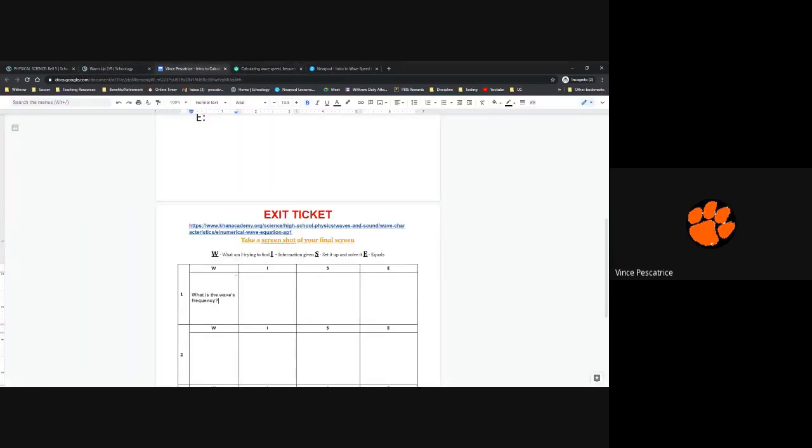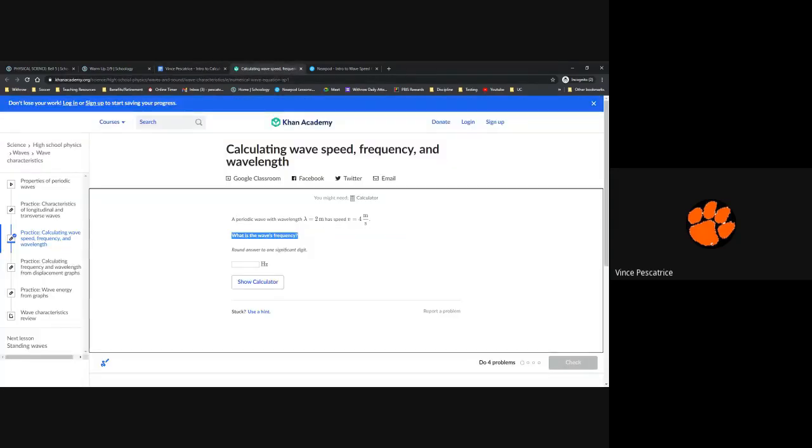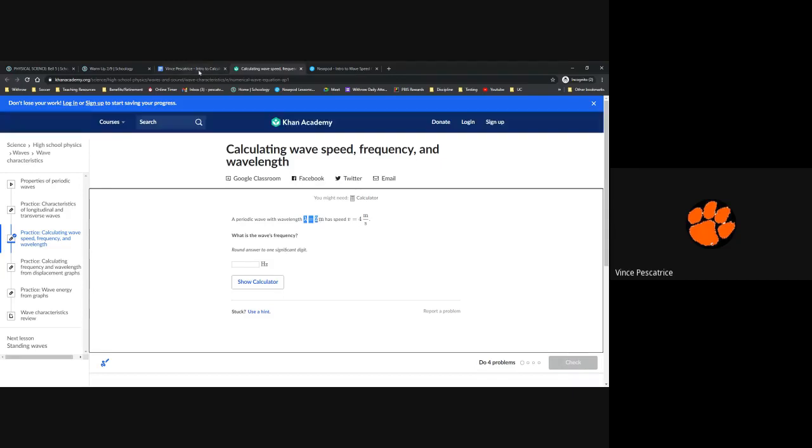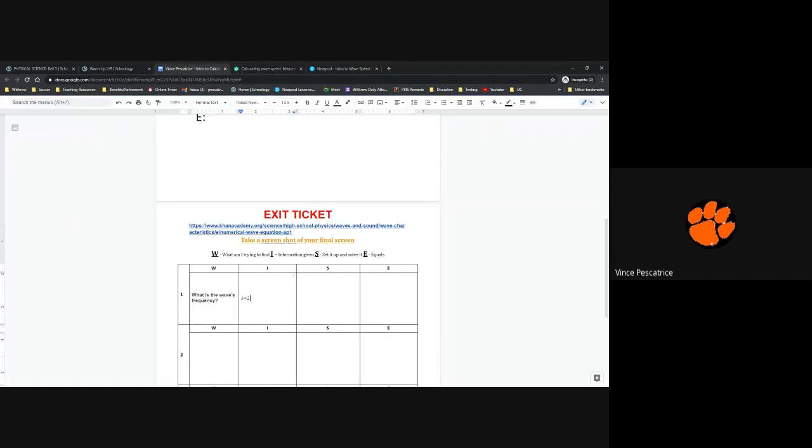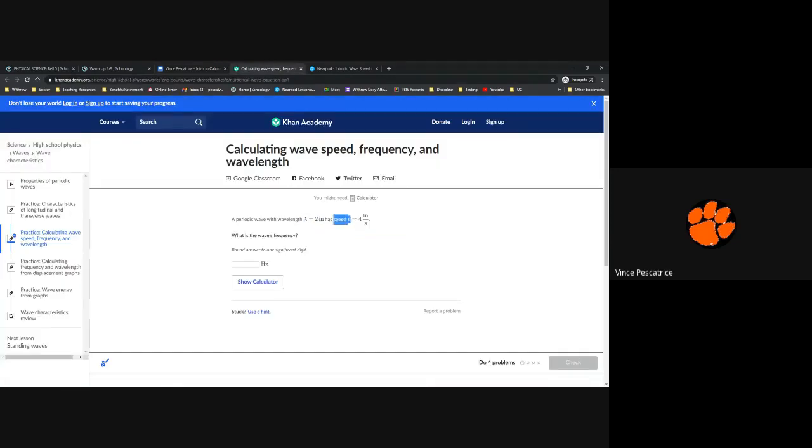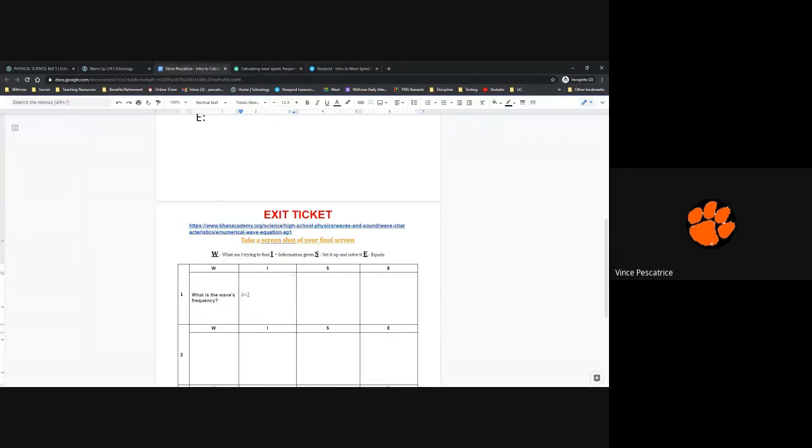What is the frequency? The information I'm given in this problem, it says a periodic wave has a wavelength of this. So I'm just going to copy this, paste it here. Go down. Has a speed of 4. Copy this, paste it there. If you get this nonsense, just delete that part, so you have V equals 4.